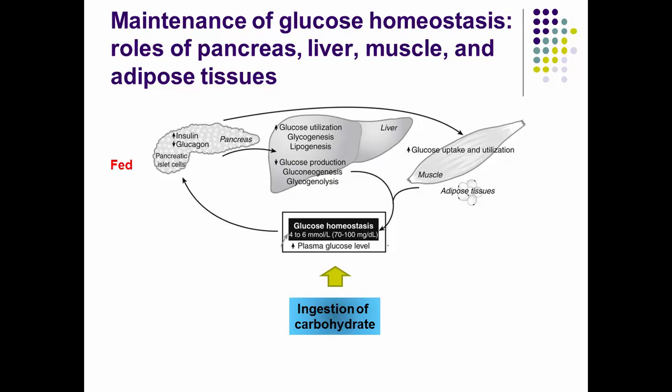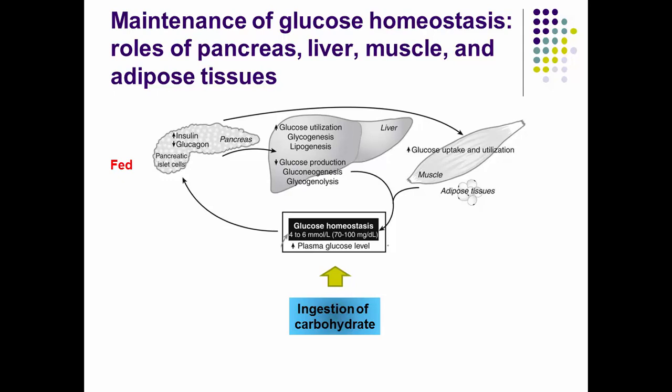The muscle and adipose tissue are the most important tissues involved in the second tier response to the high blood glucose level. So insulin stimulates glucose uptake through GLUT4 into the skeletal muscle and adipose tissue, right? So when they pick up a lot of glucose from circulation, that reduces the circulating blood glucose level.